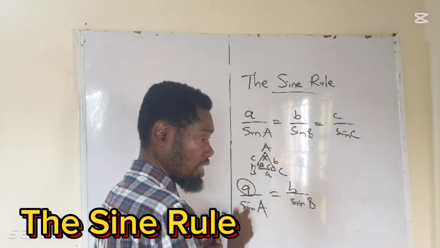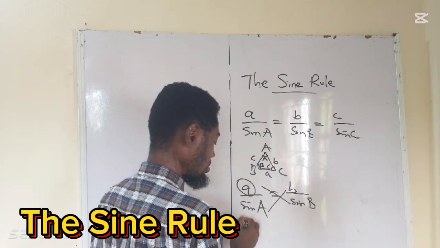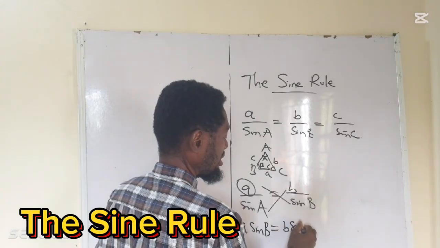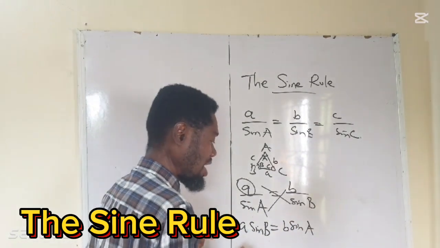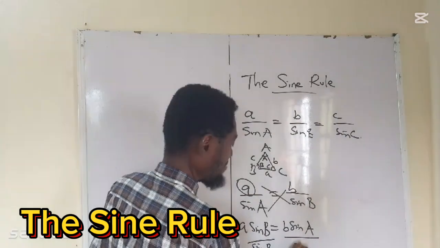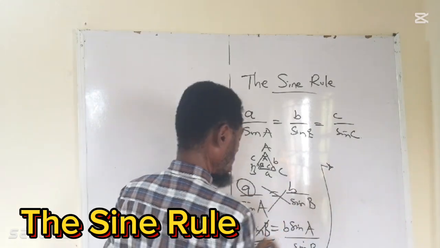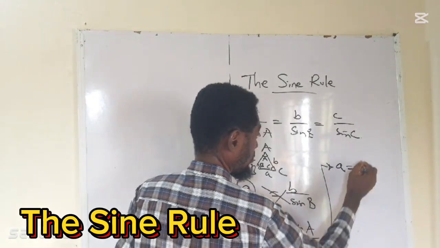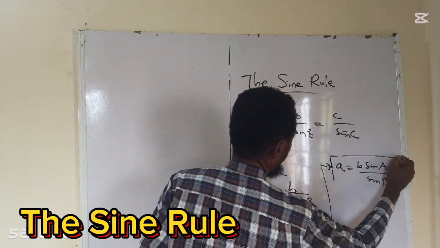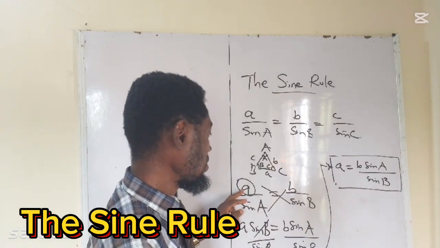If you cross multiply, you have small a, the unknown, multiplied by sine B, equal to b multiplied by sine A. We find our unknown by dividing both sides by sine B. This cancels, and you have a equal to b sine A all over sine B. This is the formula to use if you're asked to look for side a.